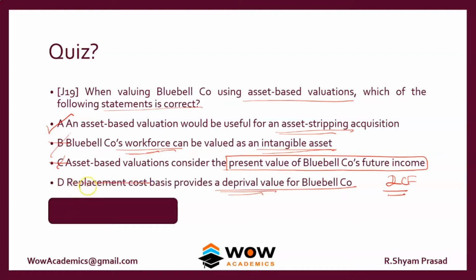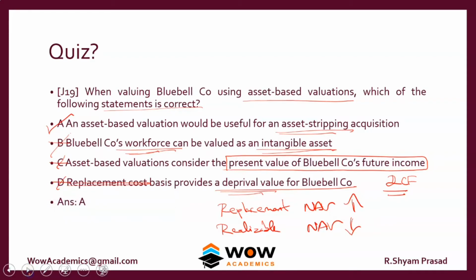Actually, it's not replacement. Replacement actually gives you a higher value. If you use replacement for NAV, it gives you a higher valuation. But if you use realizable, that gives you the low valuation for NAV method. So again, this is wrong. So the answer should be A. So we got the answer.